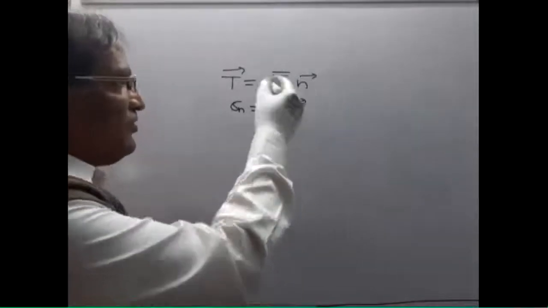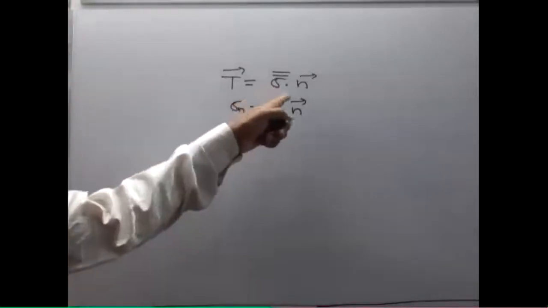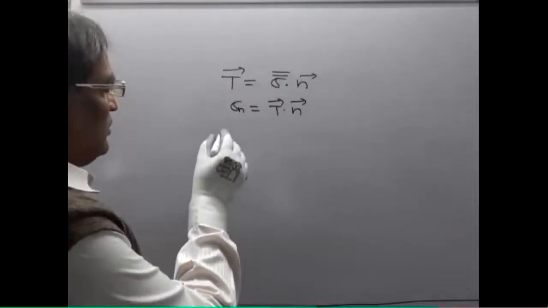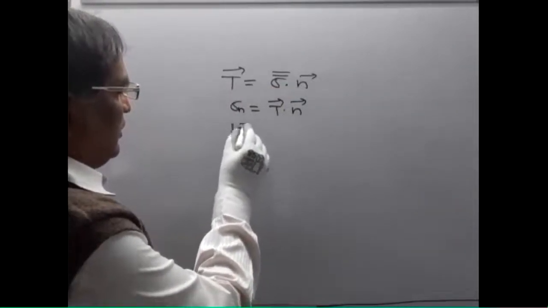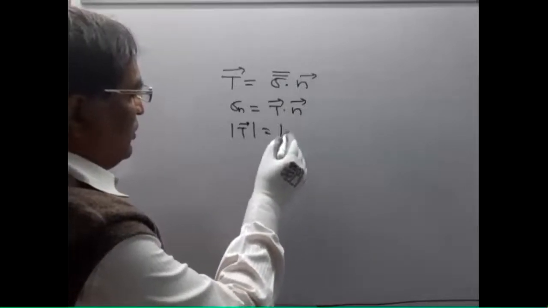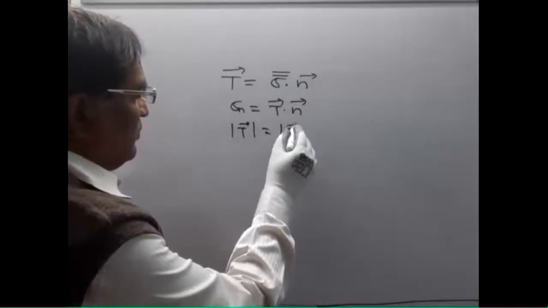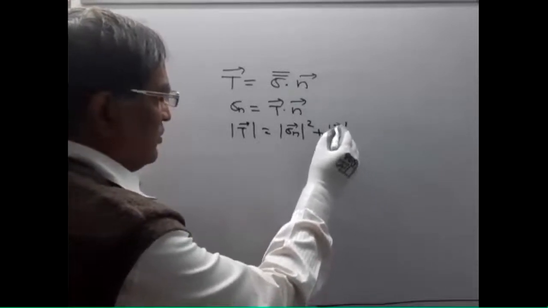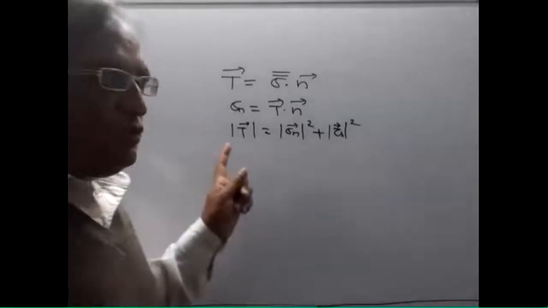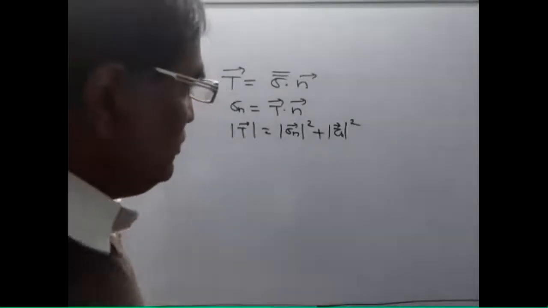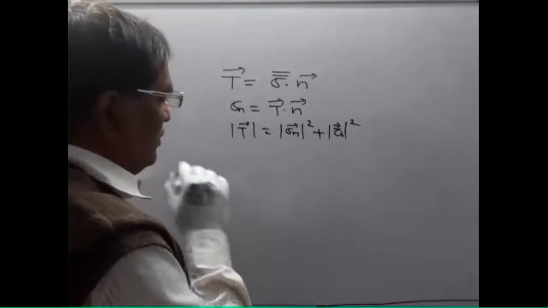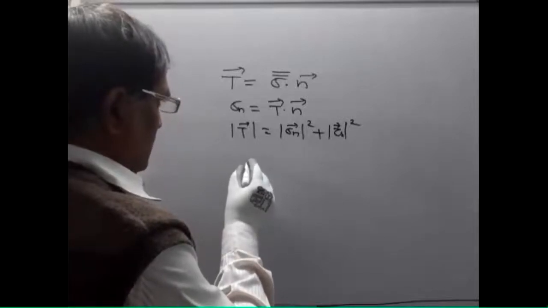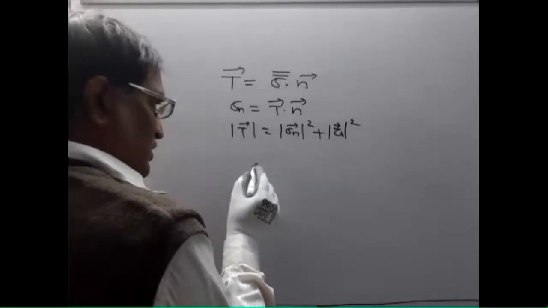So you can replace sigma n here, and it will give you that. Also you know that t dot bar is equal to sigma n, the magnitude of t bar whole square. You must know the equation, and using that we also tried to find the eigenvalue analysis of that matrix in this form.